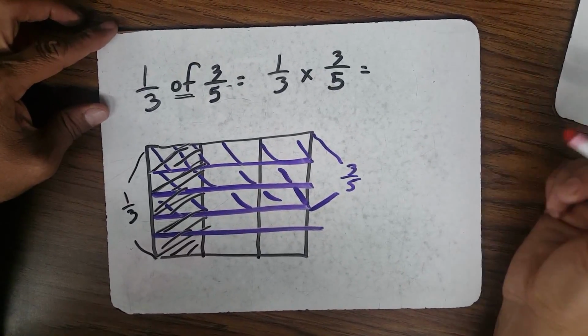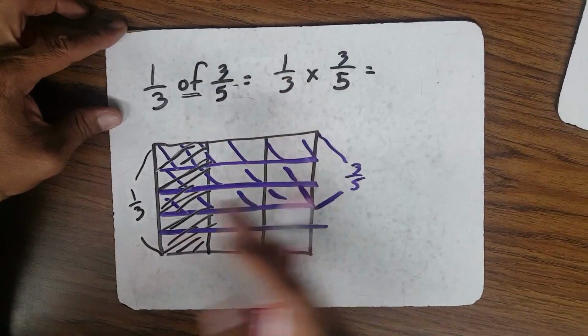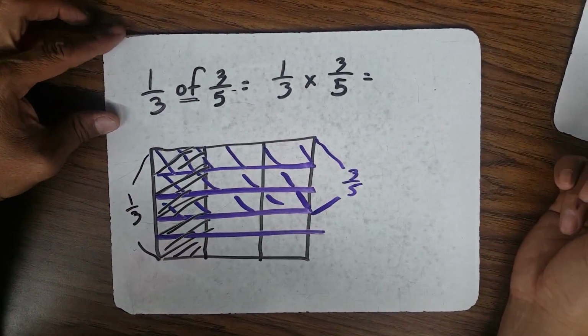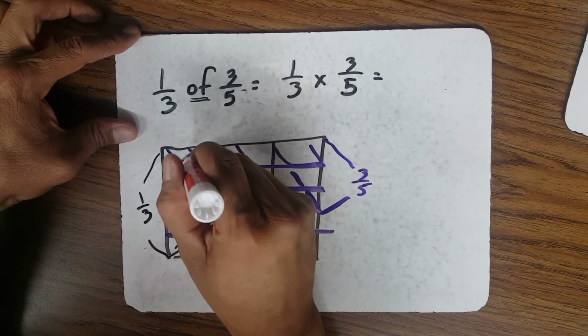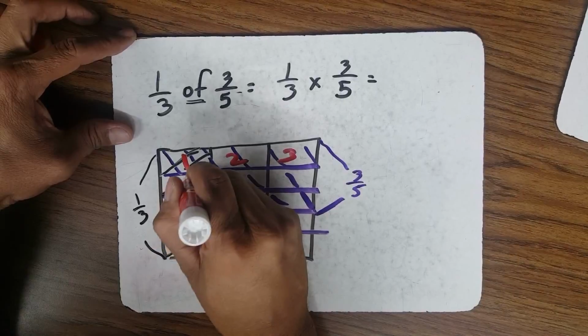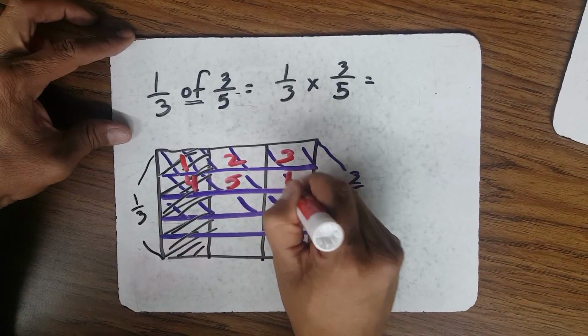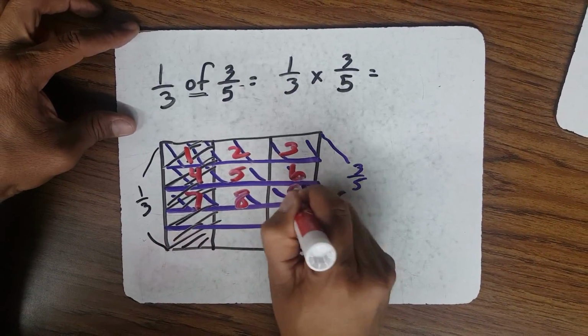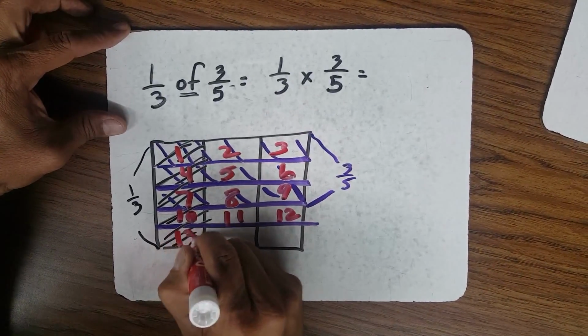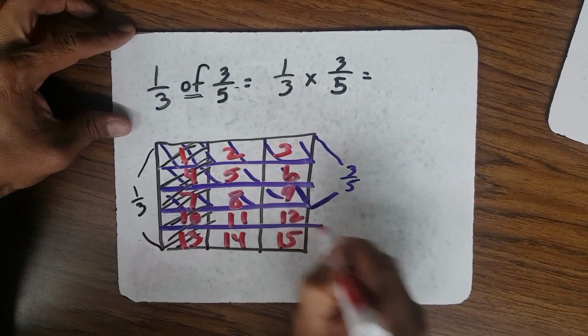1/3 of 3/5. So we have our area model, and we broke it all up into all these little boxes now. So if we were to count them completely, 1, 2, 3, 4, 5, up to 15.